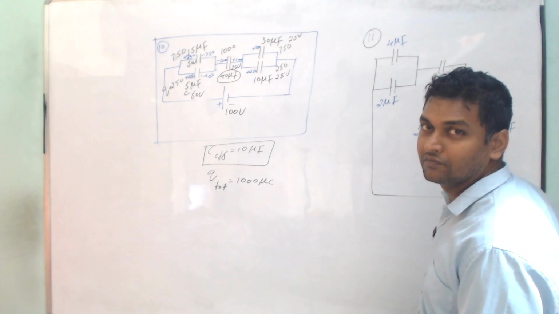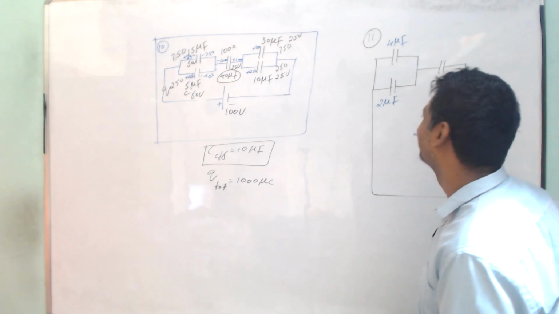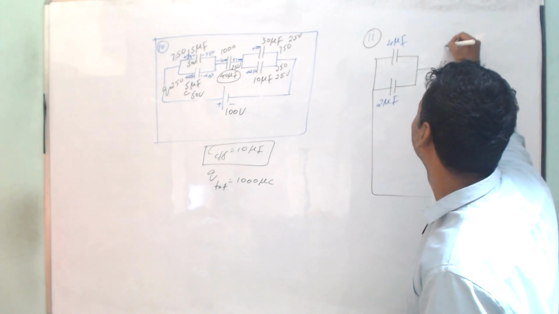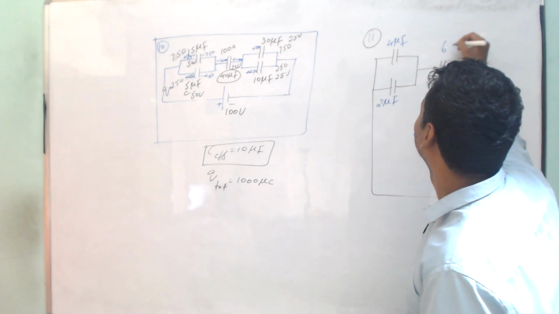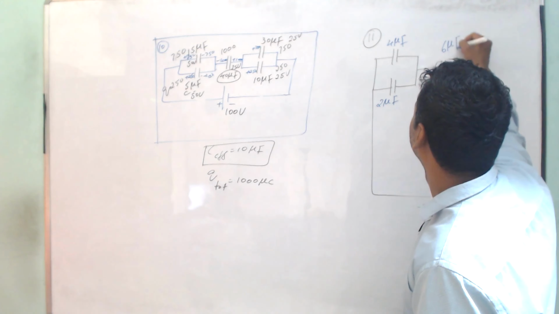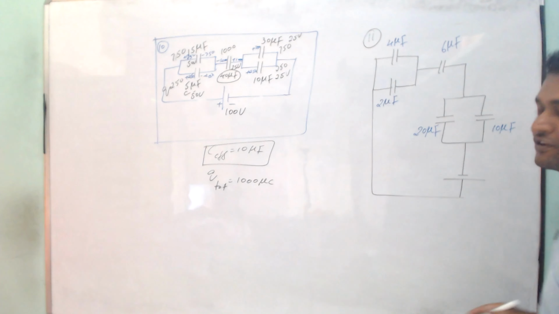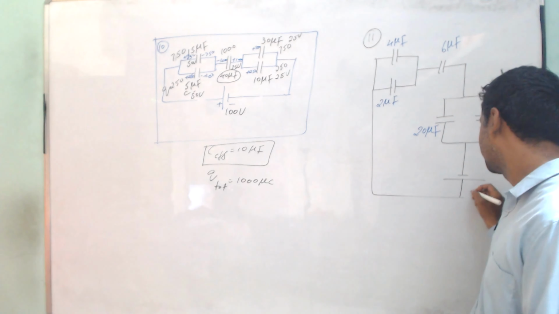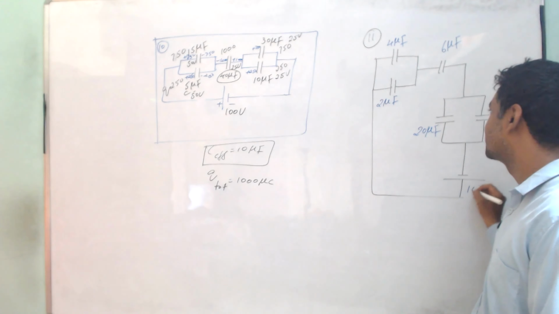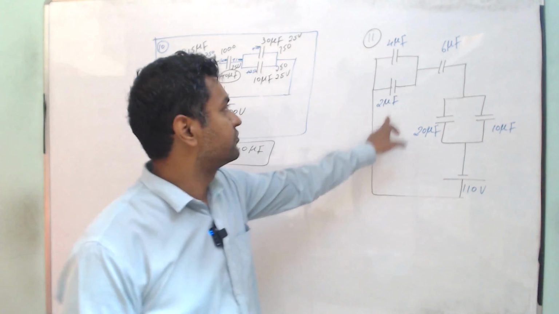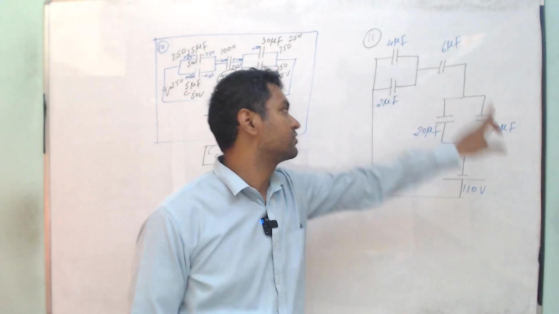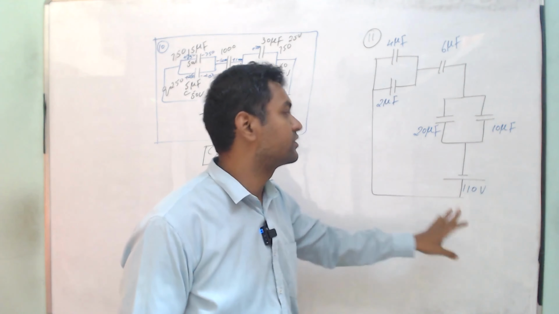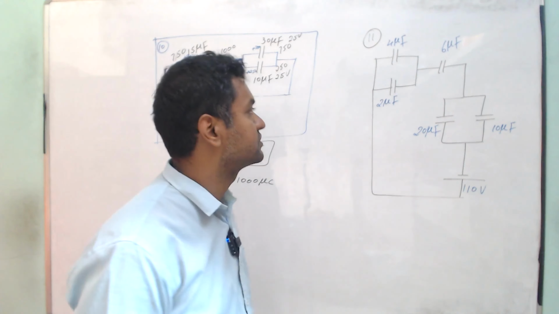It's the same thing. If it is same or if it is not same, your wish. So this is 2 microfarad, 4 microfarad, 6 microfarad, 10 microfarad, 20 microfarad, 110 volts.